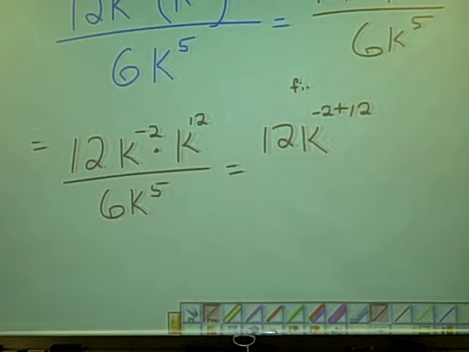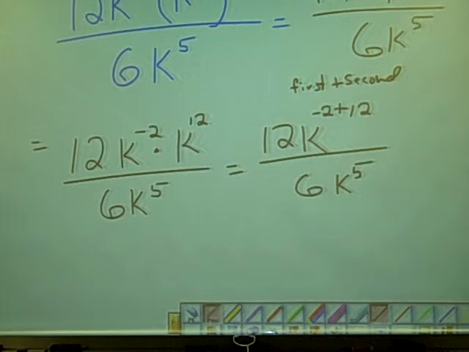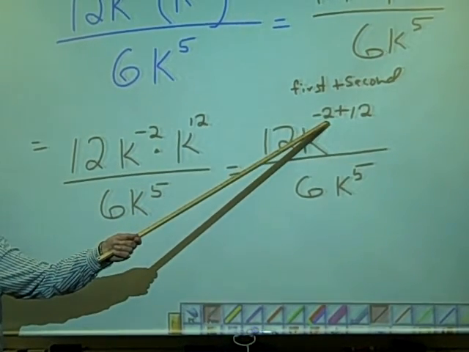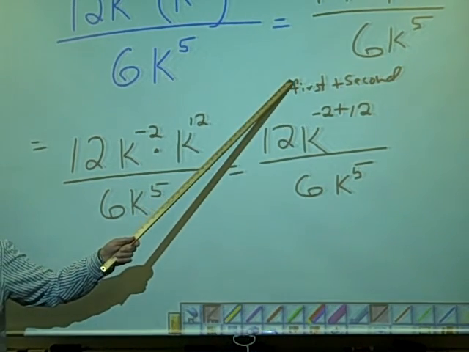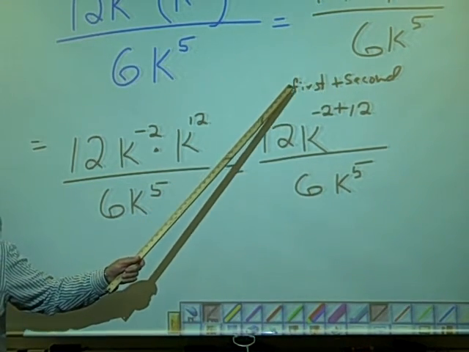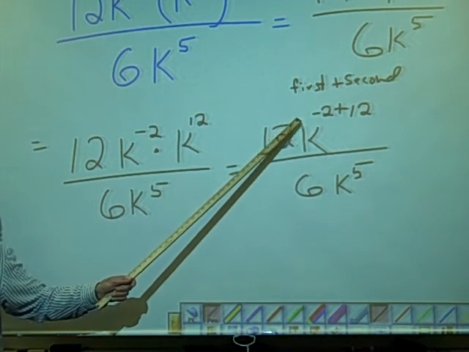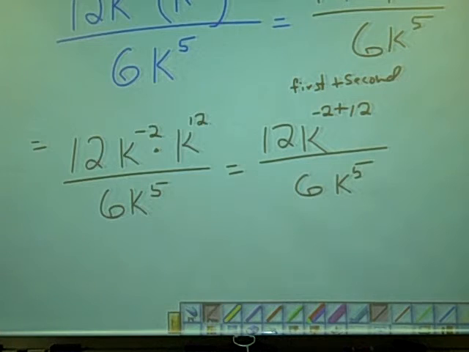So it's first exponent plus the second exponent over 6k to the 5th. And we can see that we're actually not adding, but we're subtracting, right? Well, that's why I was saying you want to look at this in terms of first exponent plus the second exponent, put those together, and then see what your signs are and see if you're going to add or subtract then. Because we're actually subtracting.